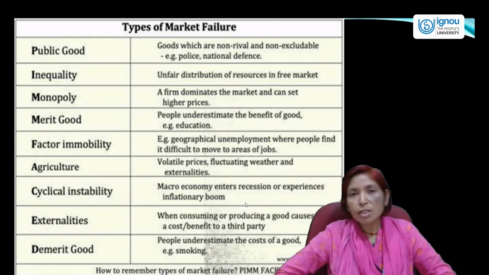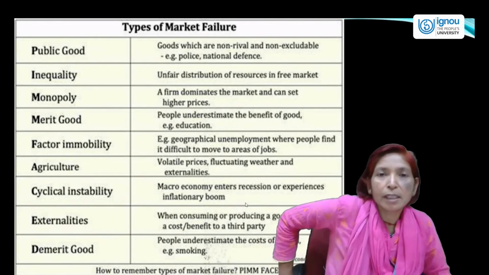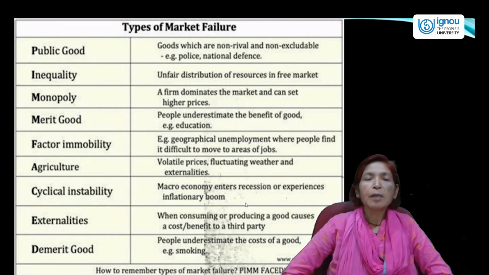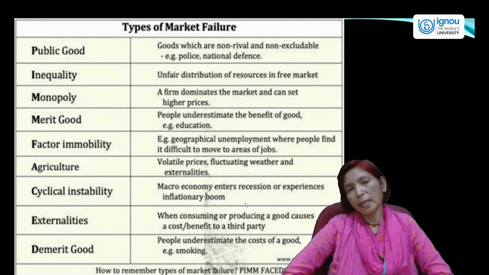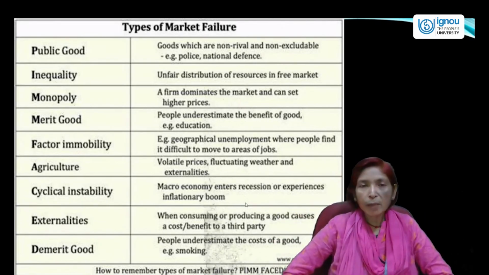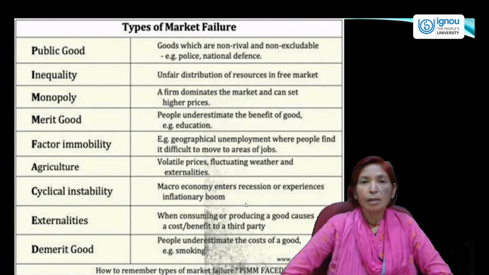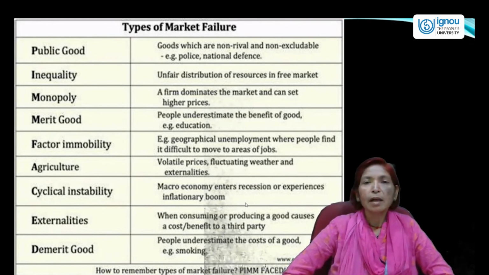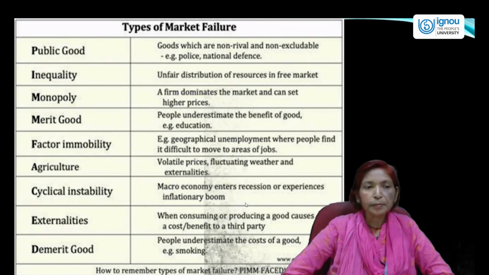Resources are generally called efficiently allocated when consumer surplus and producer surplus both exist. If only producer surplus exists but not consumer surplus, then the market becomes a failure and resources are called inefficiently allocated.